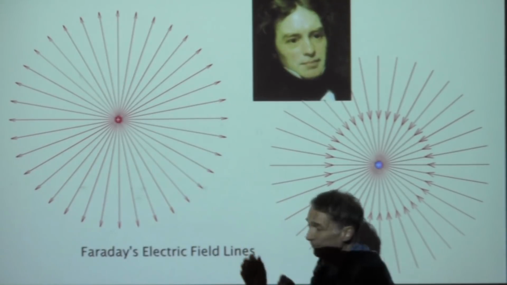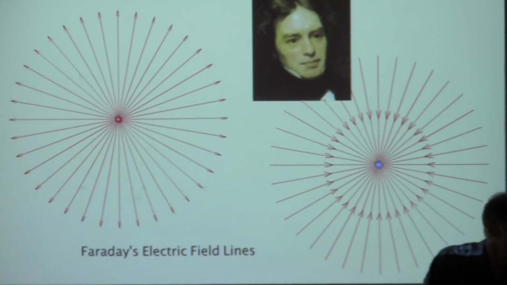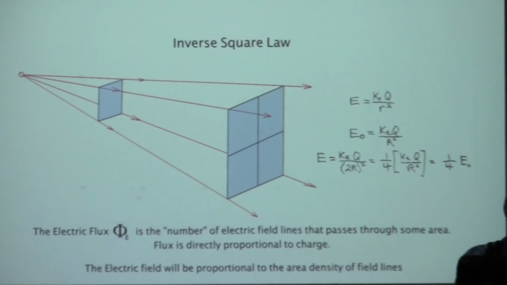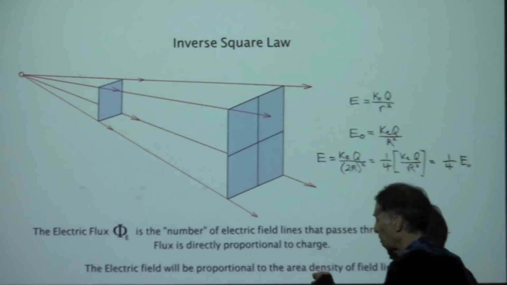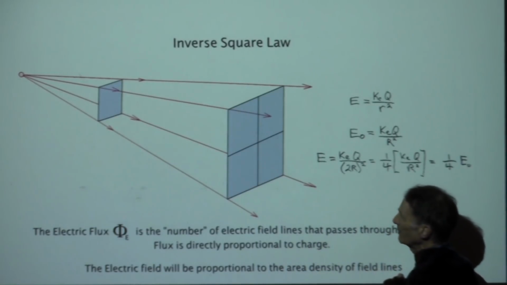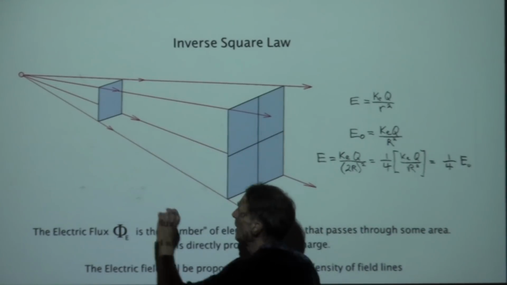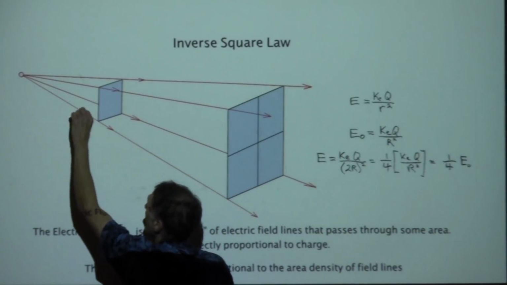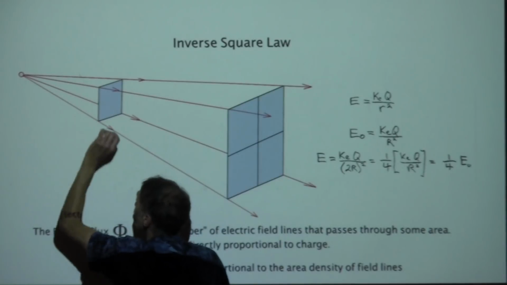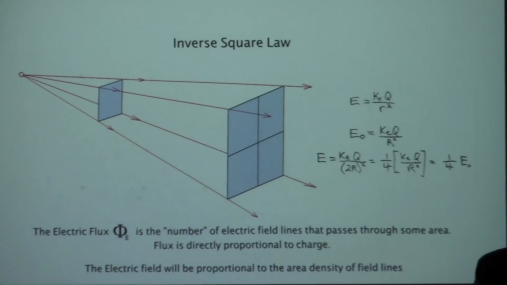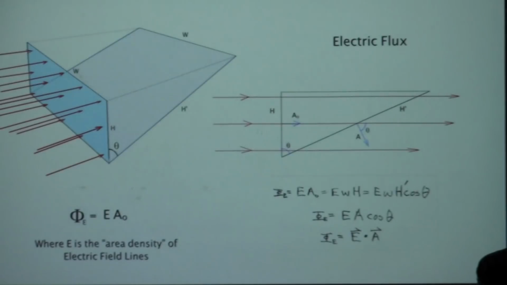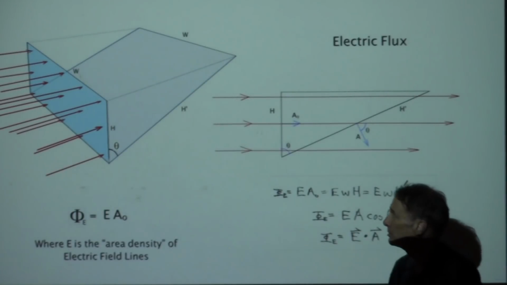Cut it in half, I'll have half this number. Also, the electric field will be proportional to the area density of the field lines, so how strong they are. When they're very close together, the electric field is stronger than when they're all spaced out. So this forms the real fundamental basis of Gauss's law.